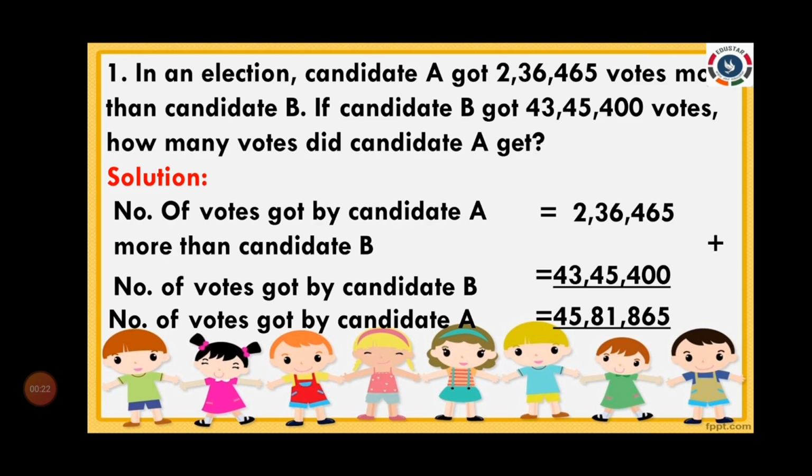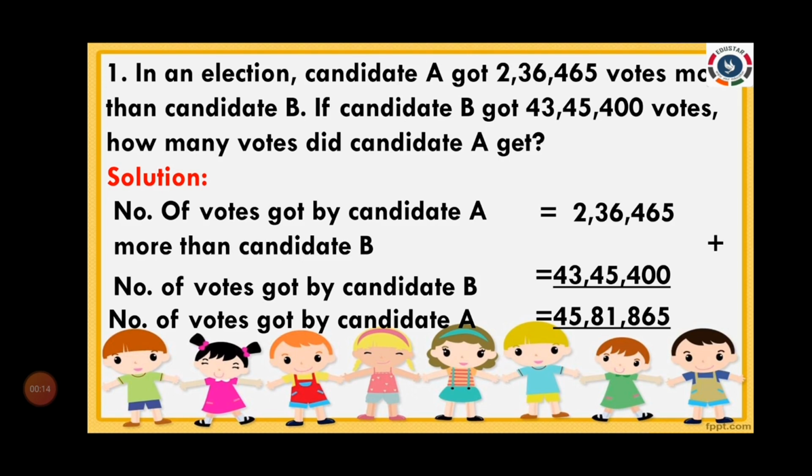For example, if I have 3 mangoes extra than you, and you are having 4 mangoes, now you tell how many mangoes I am having? I'm having 3 extra mangoes than you, so totally how many mangoes am I having? 7 mangoes. The same type of question is given here.